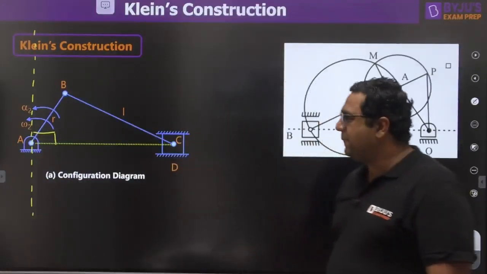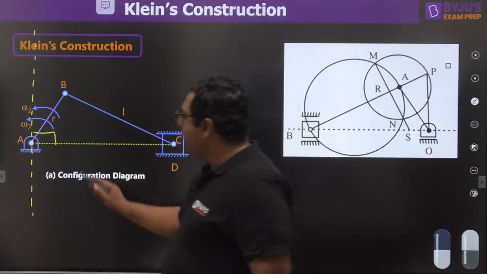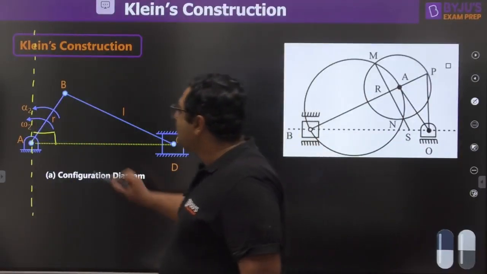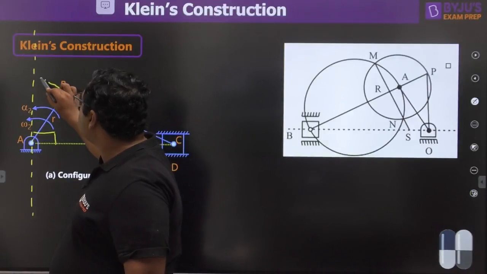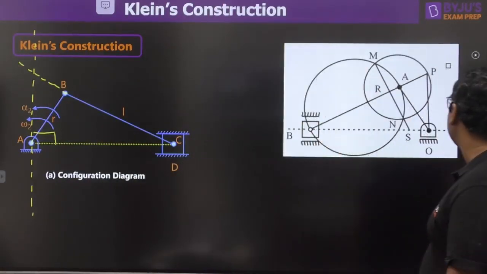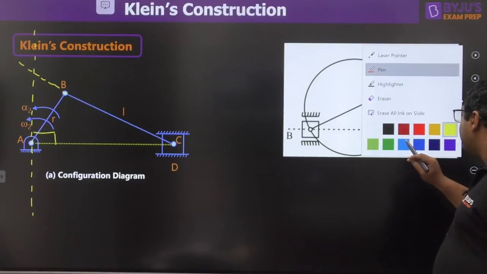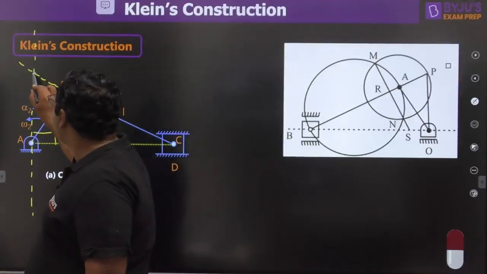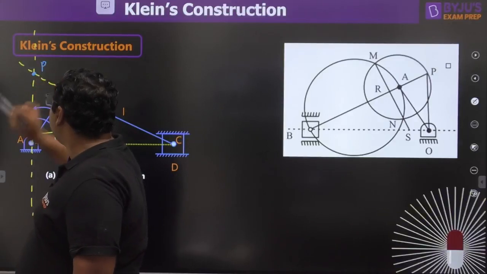This is the first step. Second step is to extend the connecting rod length. After this, it is meeting at this point. Let us say this point is P.